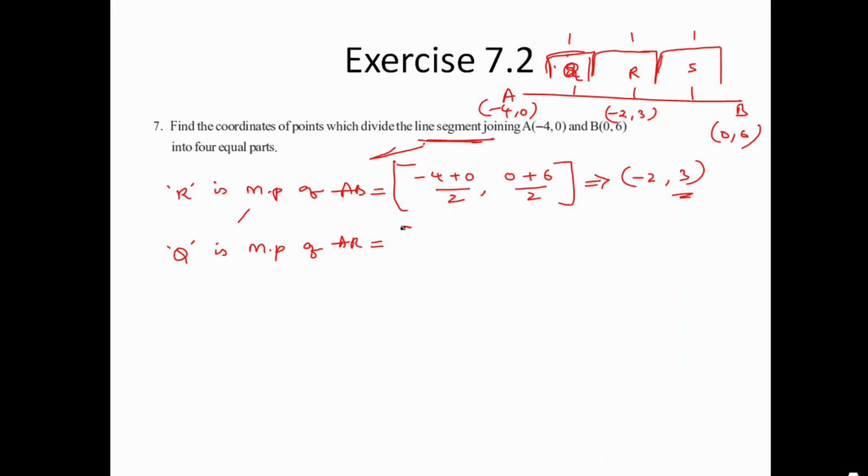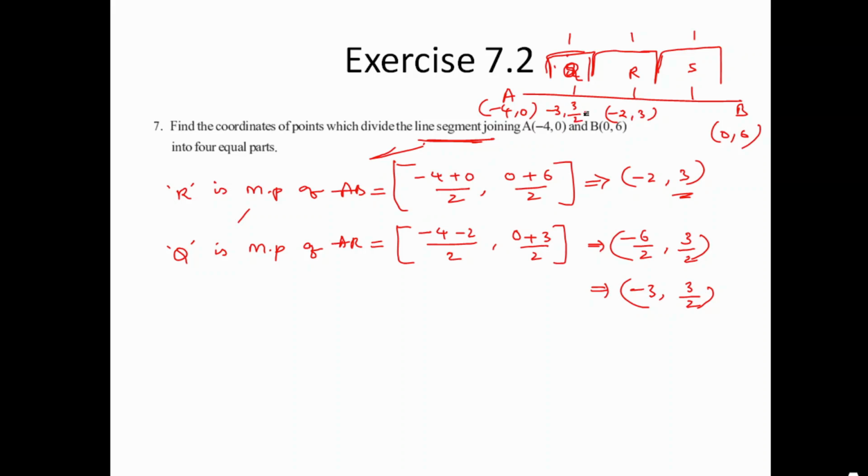Yeah, so I'm taking the value as minus 4 plus minus 2 by 2, and whatever the next one is, plus x2 by 2, y1 plus y2 by 2. So in the next step we are having minus 3 by 2, here I am having 3 by 2. So the answer for Q is what? Minus 3 comma 3 by 2. Okay, so you have the value of Q as minus 3 comma 3 by 2.